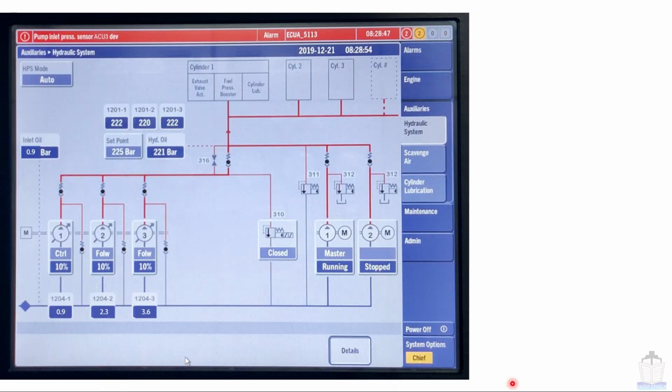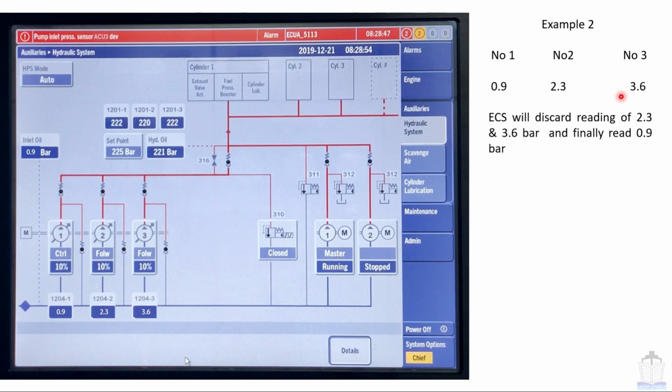Now we will see example number 2. Suppose the readings are: number 1 0.9 bar, number 2 2.3 bar, number 3 3.6 bar. In that case, the difference between number 1 and number 2 is more than 1 bar. The difference between number 2 and number 3 is also more than 1 bar. So what action will ECS take?